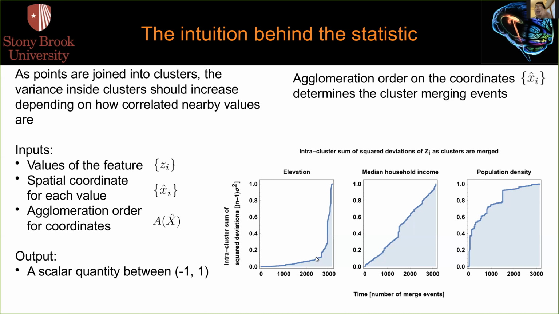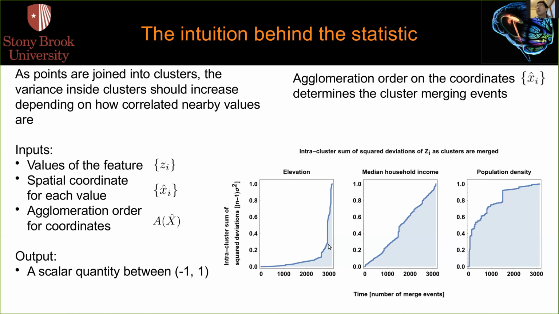But how exactly it increases is a concern to us. And eventually it's supposed to hit n-1 times the variance of the variable. And in units of this n-1 variance, we eventually should get to 1. But exactly the shape that it takes to get to 1 from 0 is what's interesting to us. So in an elevation example, it looks like the variance is increasing very slowly. And that tells us that the variable of elevation might be something very spatially correlated.